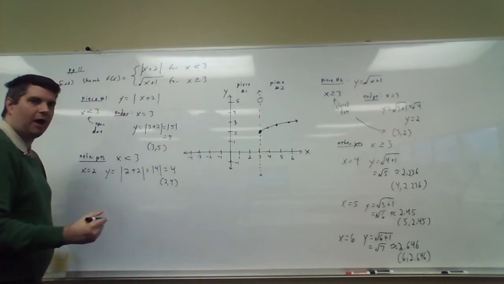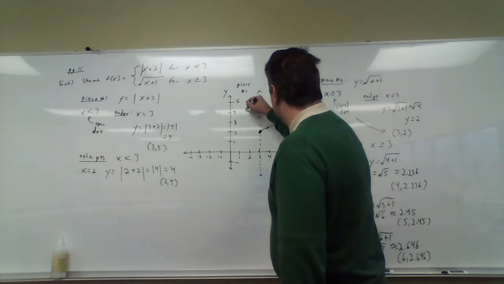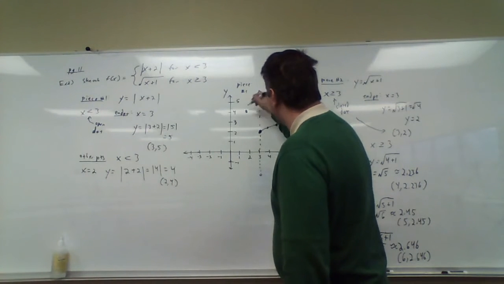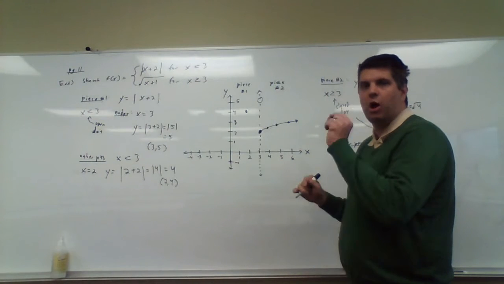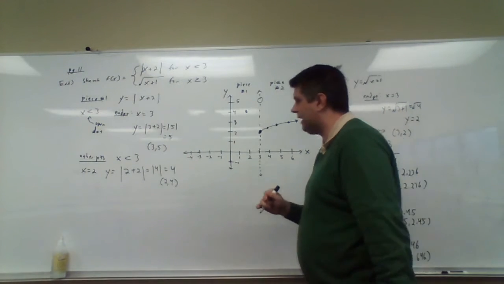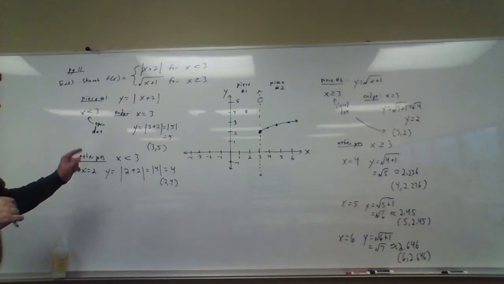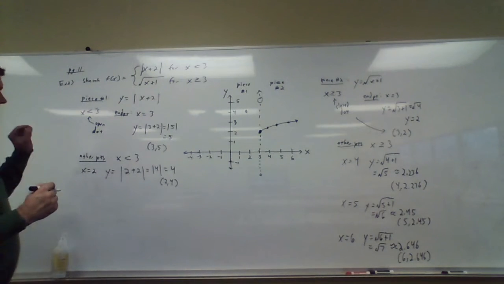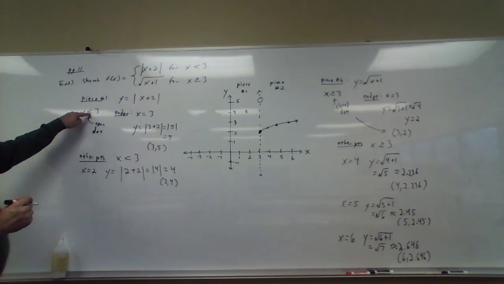We'll go ahead and plot these. These are going to be closed dots. Only endpoints can be open dots, and that's only under certain circumstances. That circumstance is if it's an endpoint and there's no "or equal to."